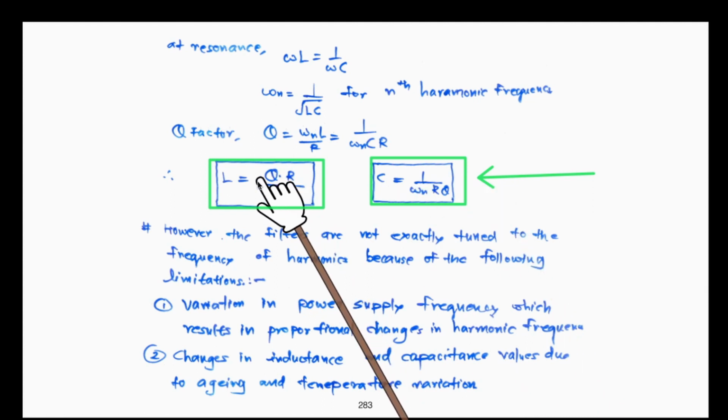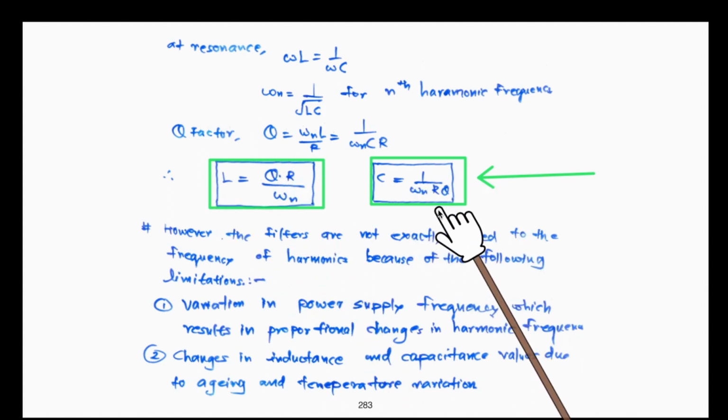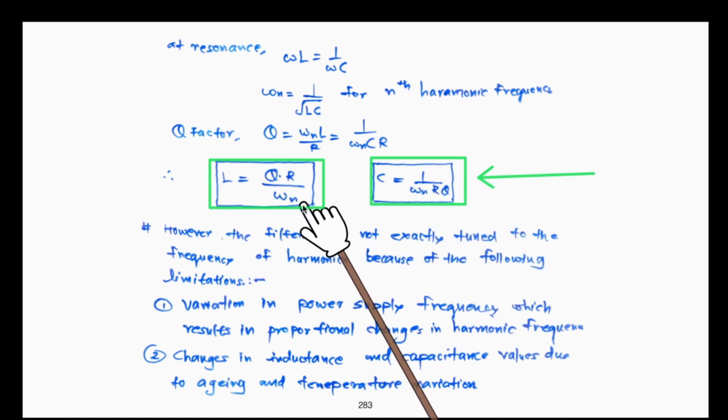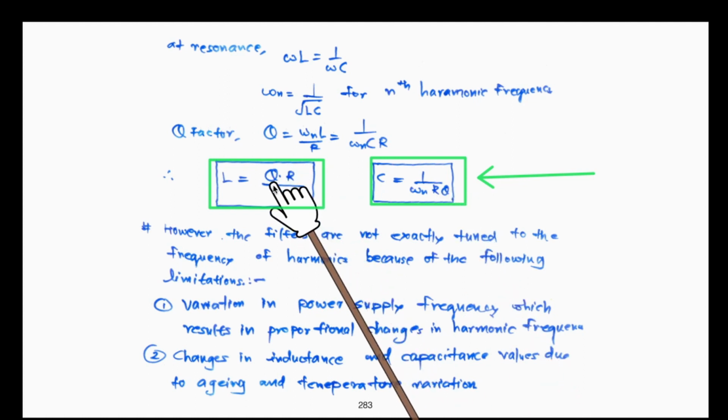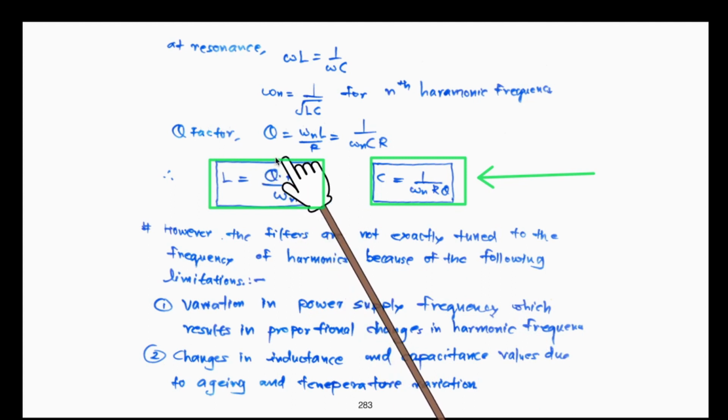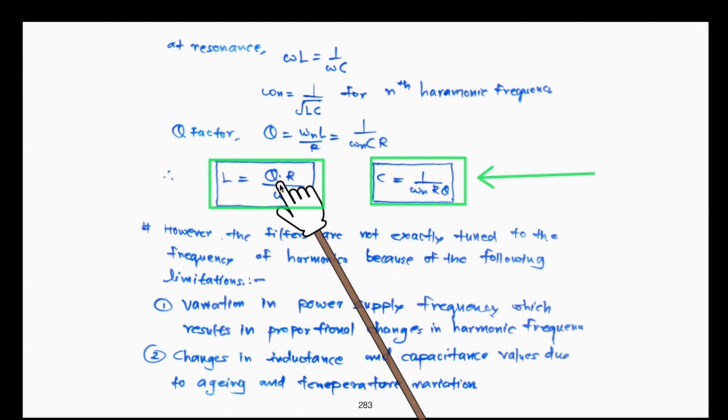Of these factors, the resistance of the filter circuit will remain fairly constant. Similarly, the Q factor, once chosen for a certain tuning, will be some optimum value. But the very sensitive part of this equation is omega n.